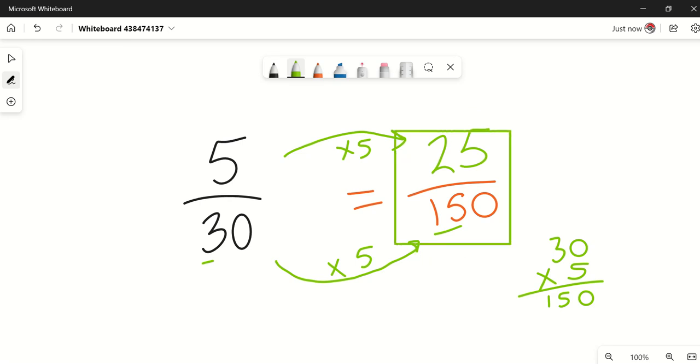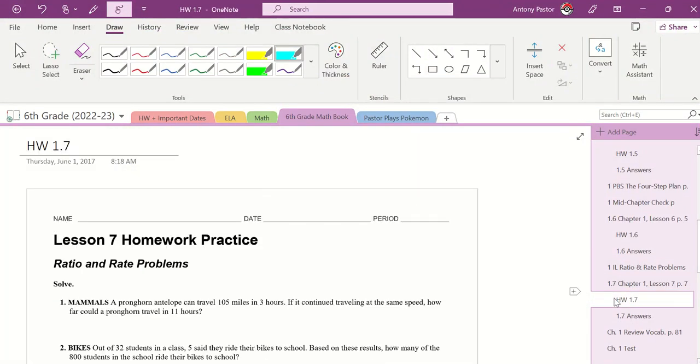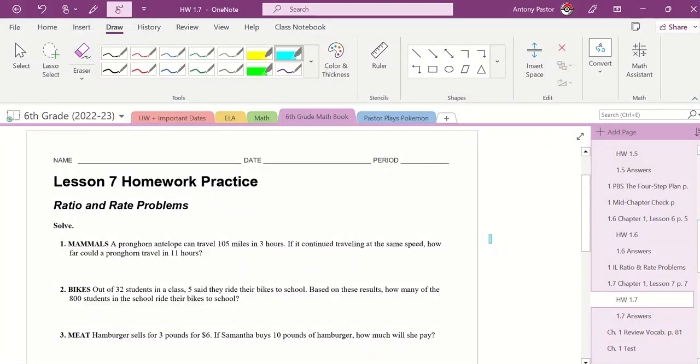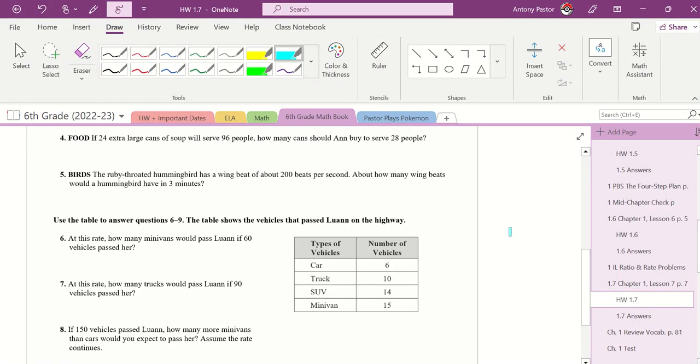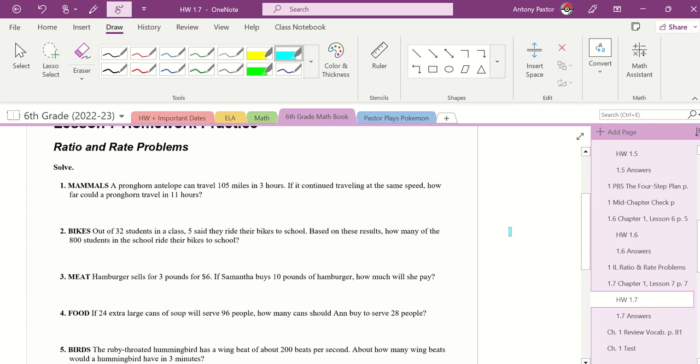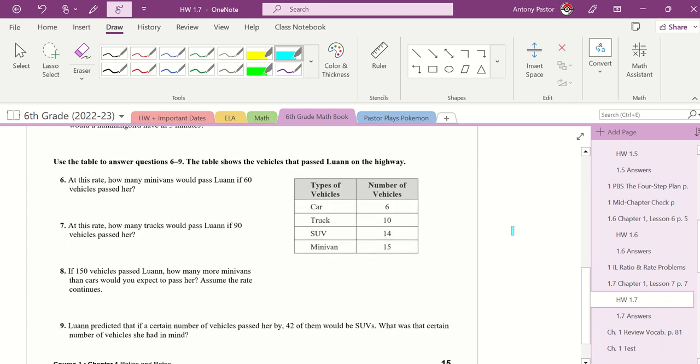And that's it. Again, if you have any questions, well, let's go over the homework first. Lesson 7 homework practice. Let's do 1 through 7.